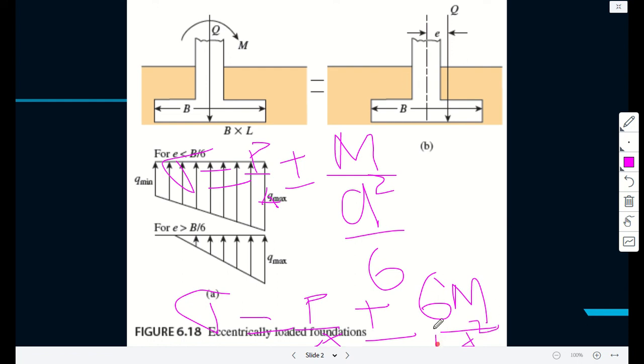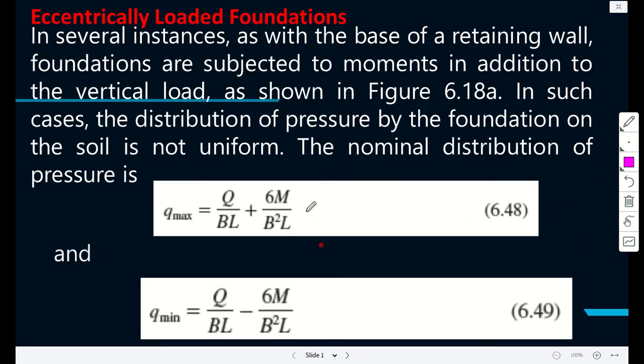But if B is not 1, then you have to include the B there. That's the point. So that's all we're trying to do here. Q over BL. In my explanation, Q equals P, and of course B times L is A. So you can see why.